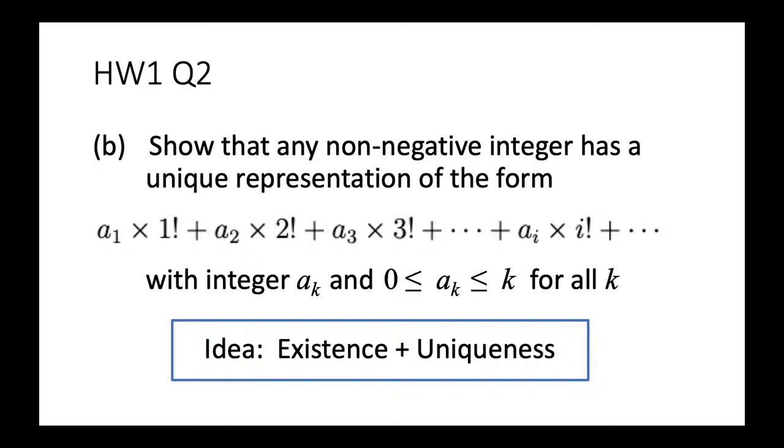On the other hand, we just showed that if we want to represent a number between 0 and n plus 1 factorial minus 1, we are going to use a1 up to its maximum value, a2 up to its maximum value, a3 up to its maximum value, up to an. And how many cases are there?